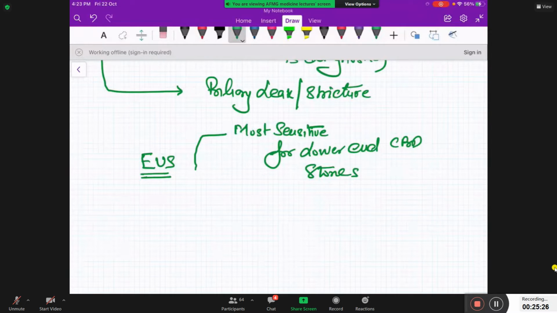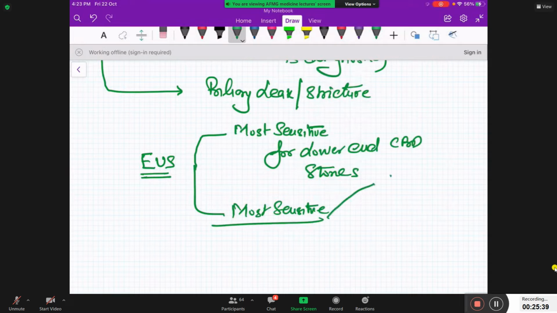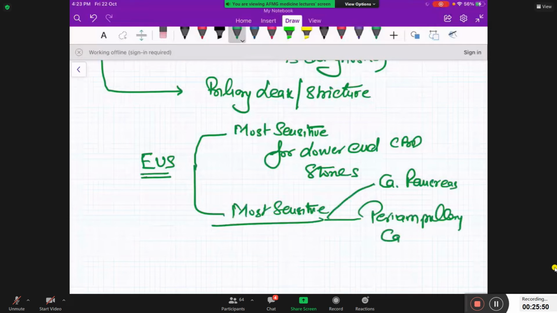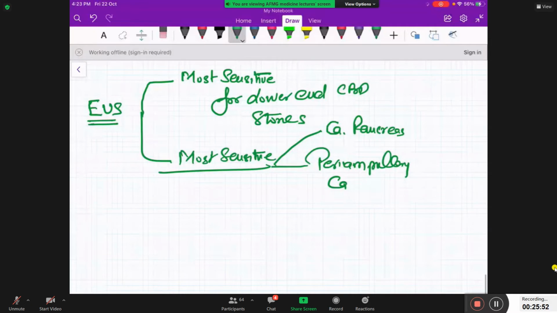And it is also the most sensitive investigation for carcinoma pancreas, for periampullary carcinoma, and also carcinoma gallbladder.